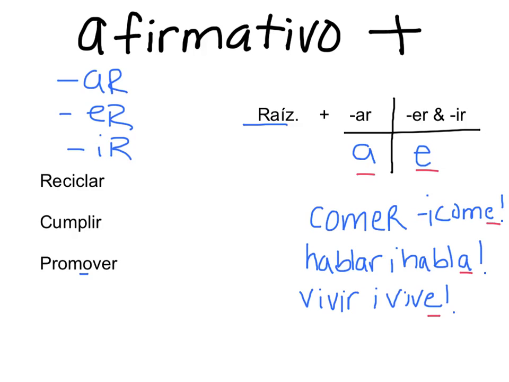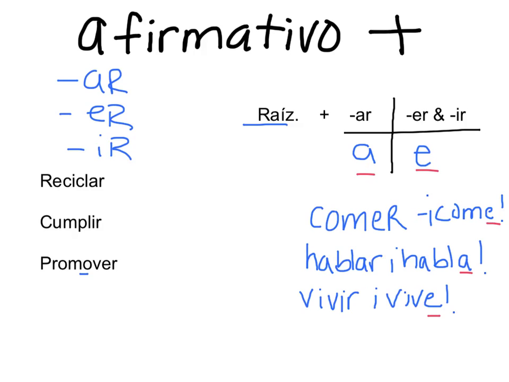These look exactly like something else you should already know. You should be looking at this and say, él come or ella come. Él habla or ella habla. Él vive or ella vive. So actually, you can forget about all of this raíz más a, raíz más e.